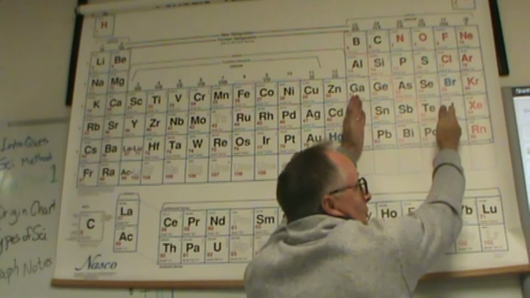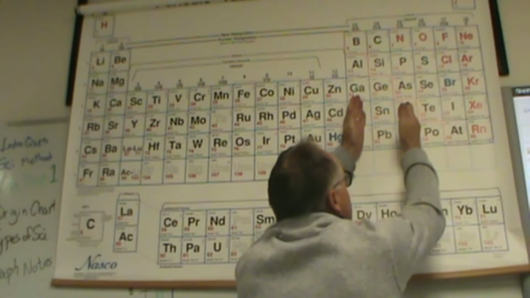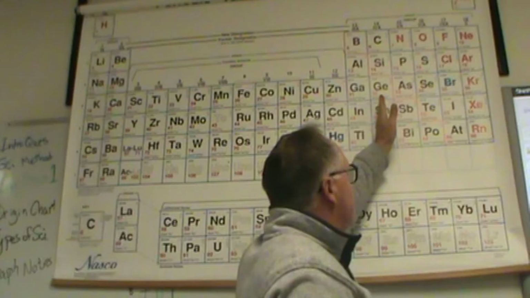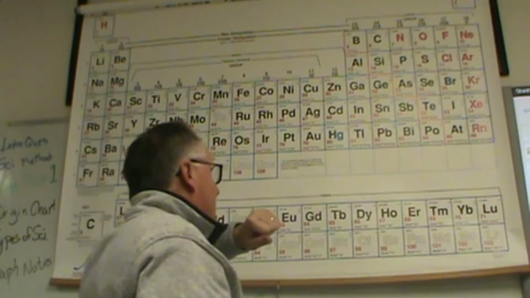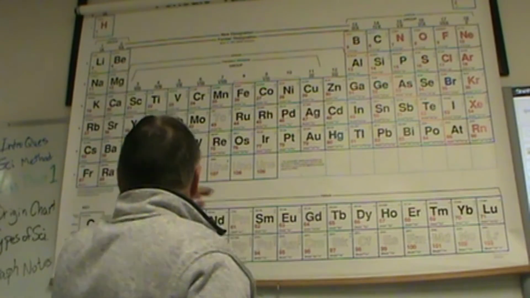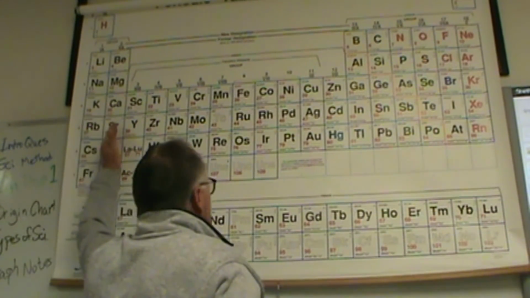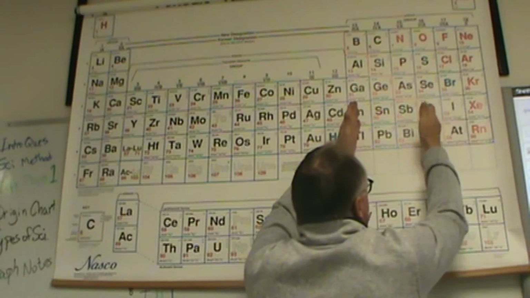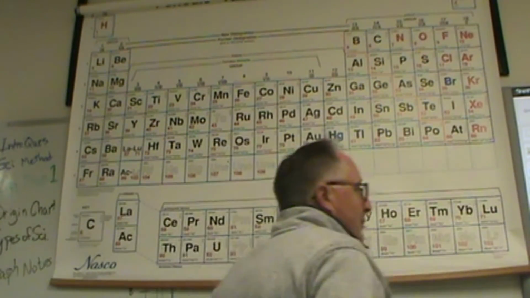These are going to gain 1 more, so they're -1, -2, -3. They meet in the middle at either plus or -4, which it won't really do either. They'll share. They'll make covalent bonds. But that's 2 chapters from now. So again, the natural valence is +1, +2, +3, 0, -1, -2, -3, and then plus or -4.